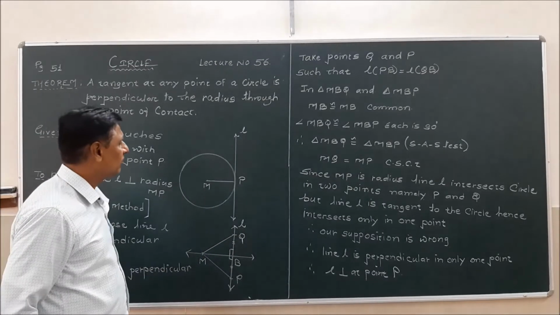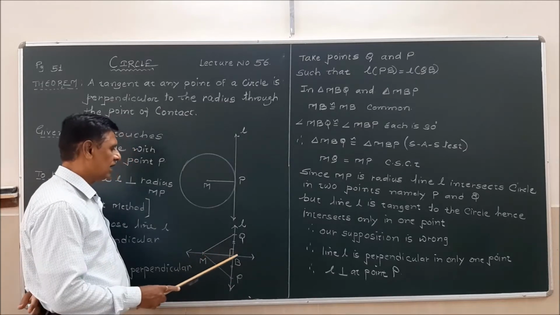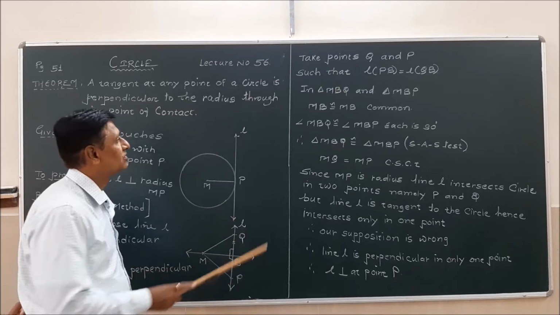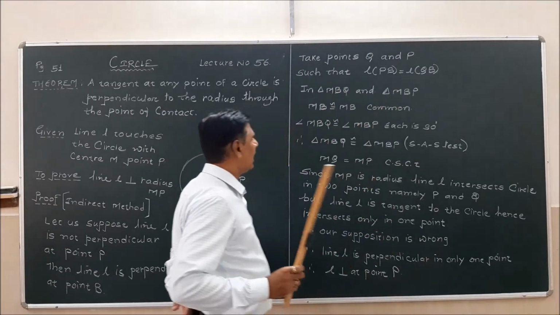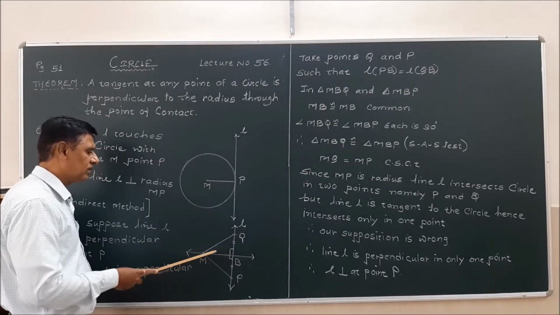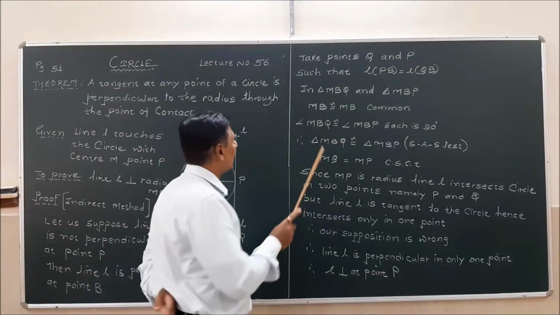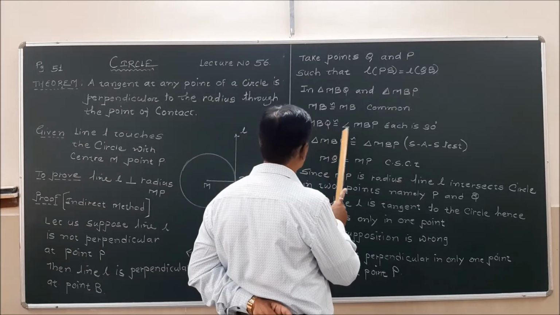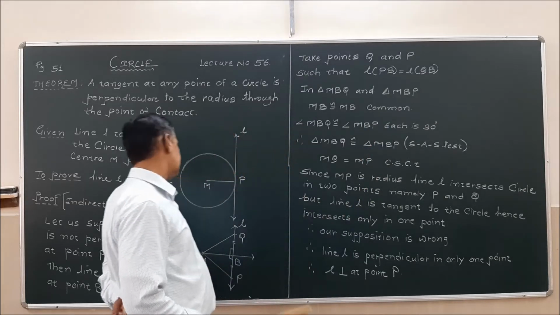Then you will find in triangle NBP and triangle NBQ, these two triangles, NB is congruent with NB, which is common. Angle NBQ is congruent to angle NBP, which is 90 degrees.